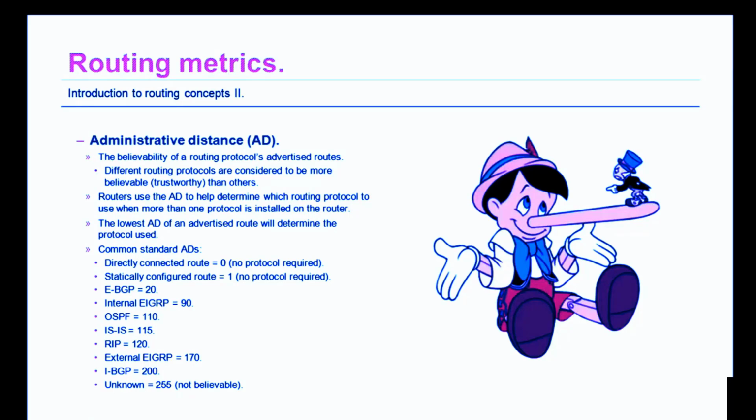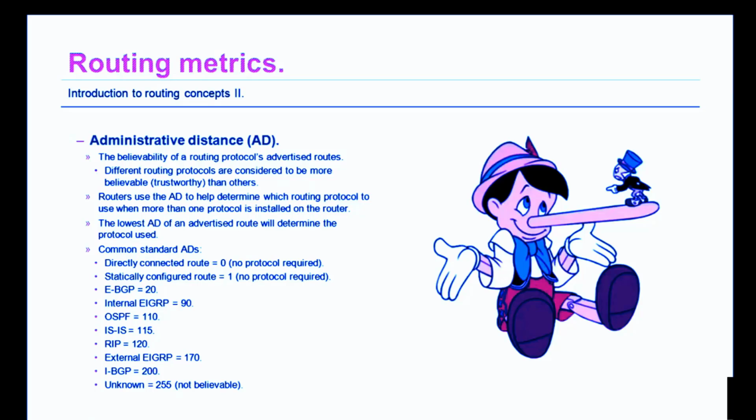External EIGRP has an AD of 170. Internal BGP, and I've never seen internal BGP used, has an AD of 200. Now, if you see an administrative distance of 255, that means that that route is not believable at all.